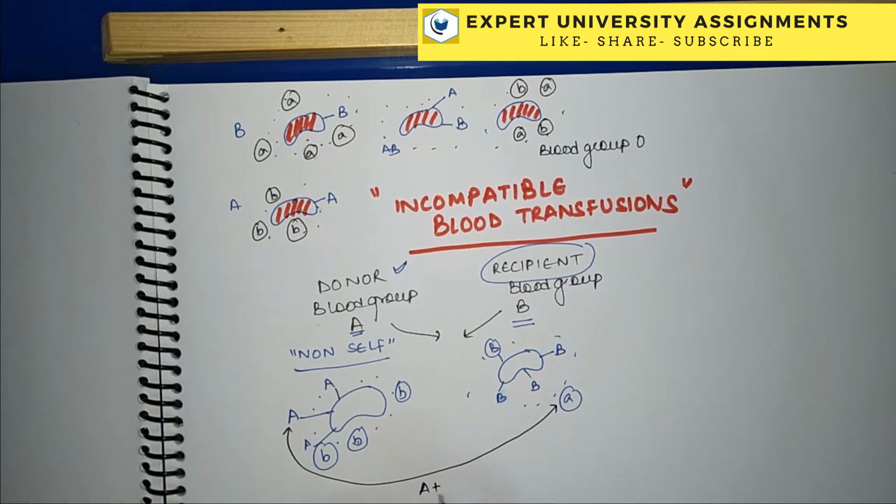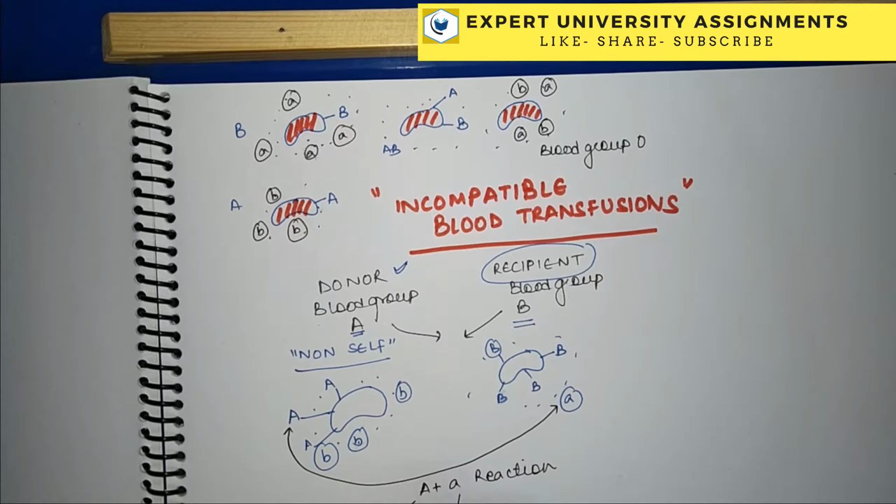And an antigen-antibody reaction takes place. This is an antigen from blood group A and this is an antibody from blood group B.